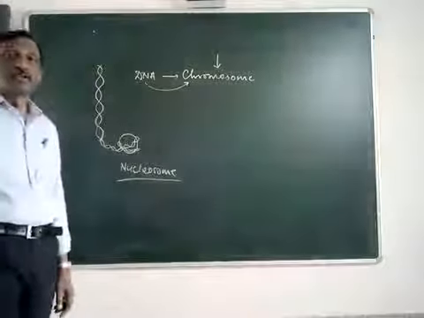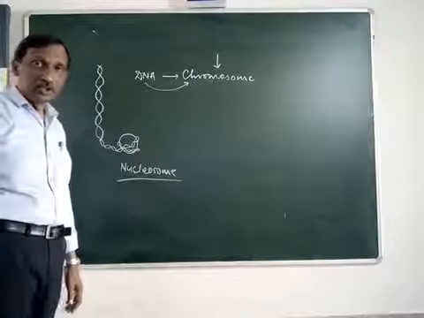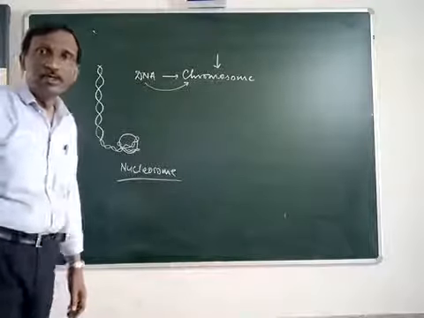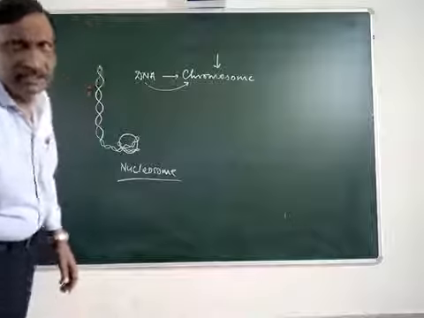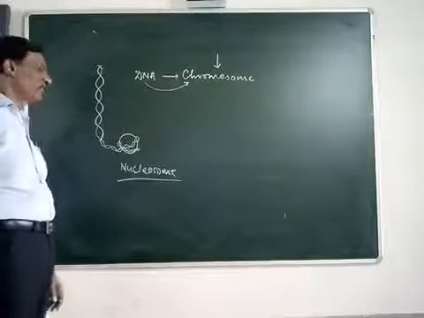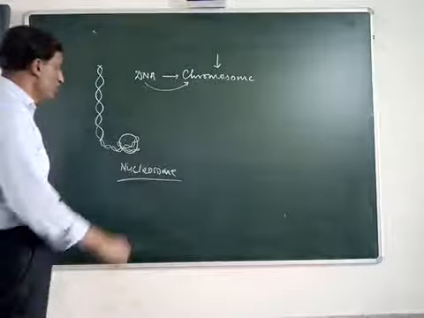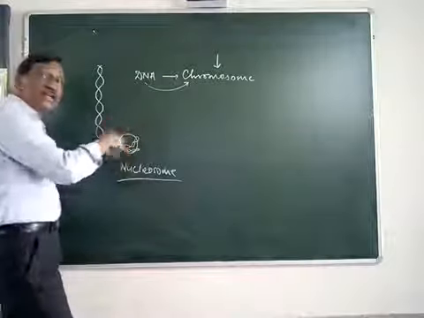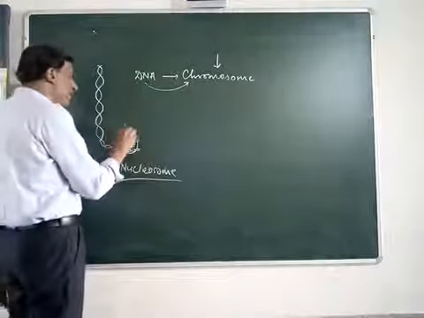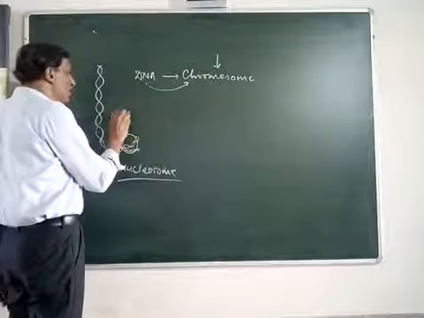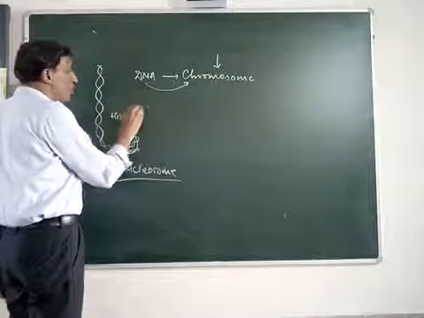Figure 6.4a in your book. Page number, I can't see the page. So you see, 6.4a is a nucleosome. A nucleosome has DNA encircling a histone protein. This is the histone protein.